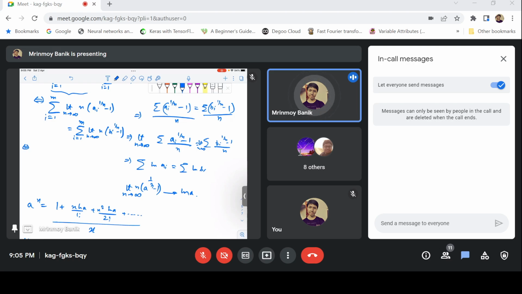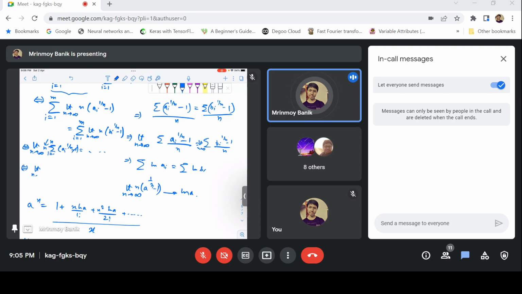Then we take the limit outside, and we also take the n outside. ai power 1 by n minus 1, and similarly for this side. Then we can cancel out the ones from both sides and also cancel out the n from both sides.